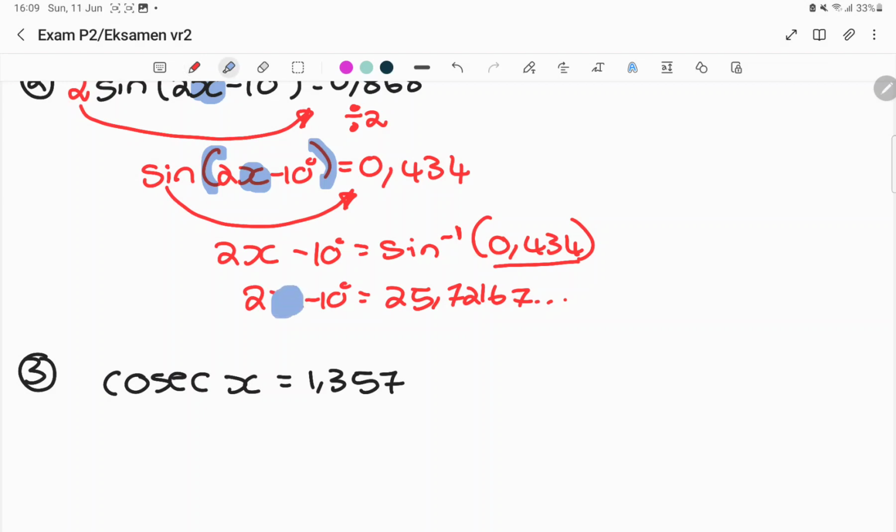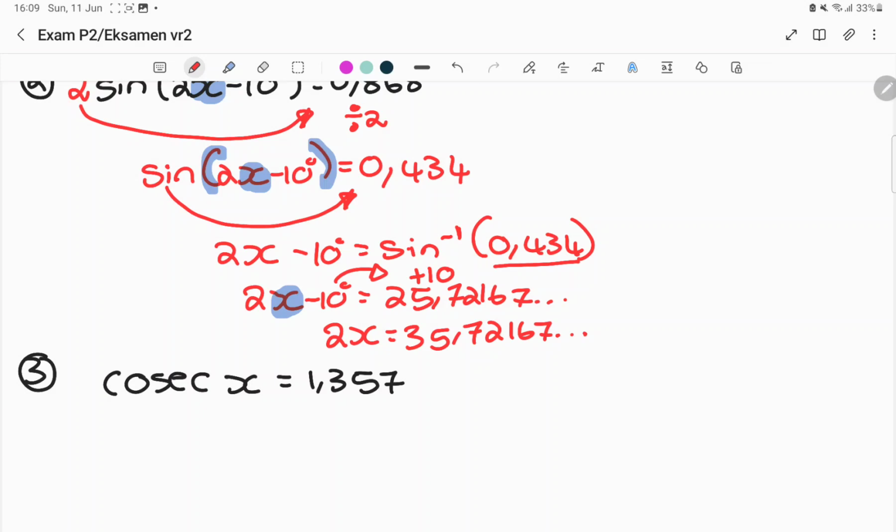And now I can take over the rest. So I still want to get my x alone, so I'm taking over the -10. And when I take it over, it becomes plus 10. So I have 2x equal to 25 plus 10, which becomes 35.